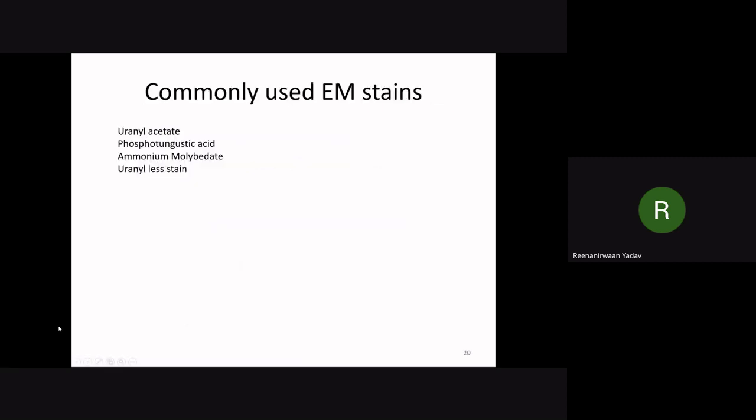Next. So to do negative staining, generally we use uranyl acetate, phosphotungstic acid, ammonium molybdate or uranyl stain to stain our sample either negatively or positively. Next.